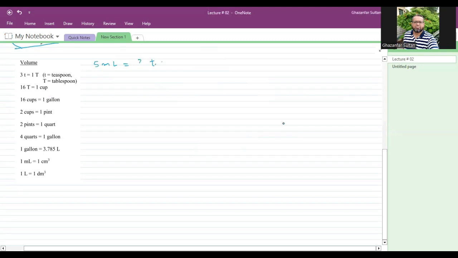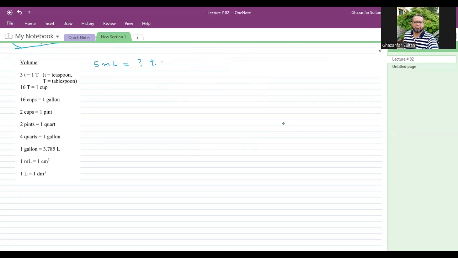So how many teaspoons? For example, if your physician has prescribed some syrup or suspension to take 5 ml, but at your home you don't have any equipment for measuring 5 ml, but you have teaspoon and tablespoon. So see what is appropriate for 5 ml.